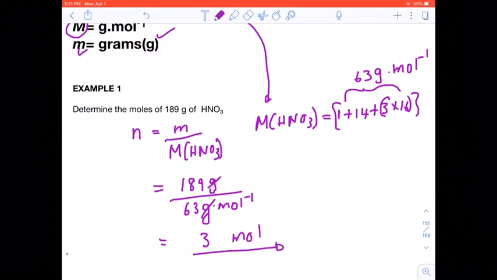So 189 grams of nitric acid contains 3 moles of nitric acid. And one mole would be 6.02 times 10 to the 23 molecules, so 3 moles would be 3 times that amount.